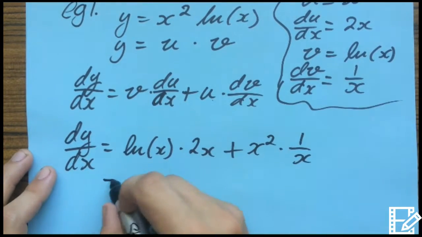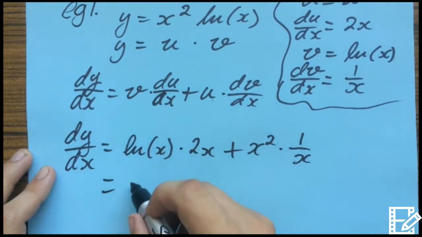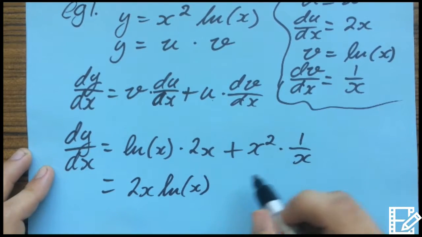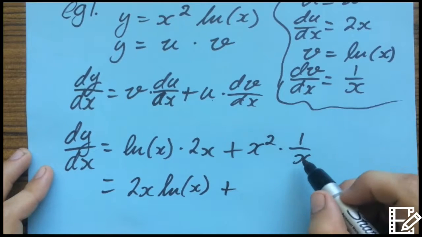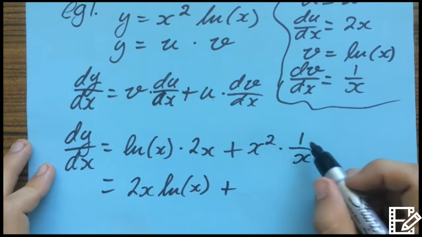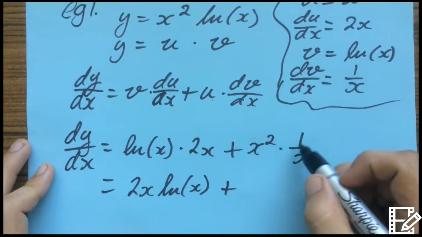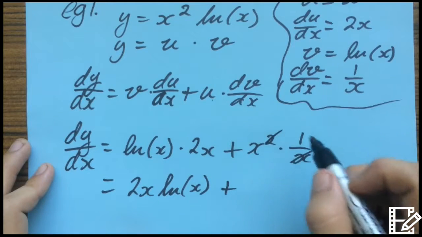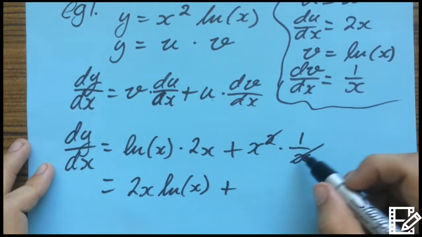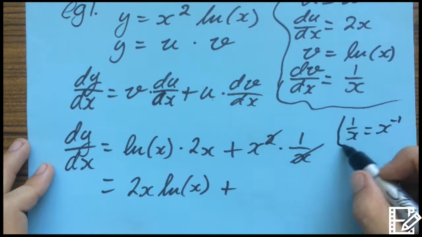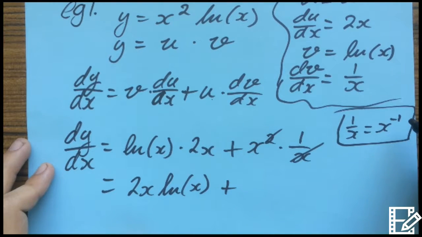So, if we simplify this, we bring the 2x out the front, have 2x ln x, plus x squared multiplied by 1 over x. Technically, 1 over x equals x to the power of negative 1.